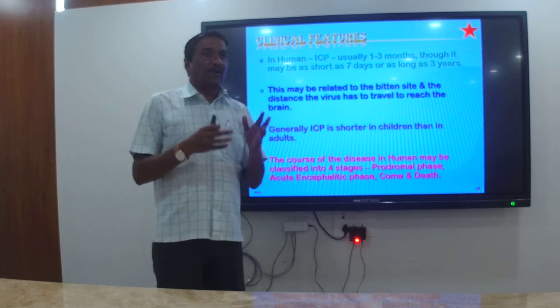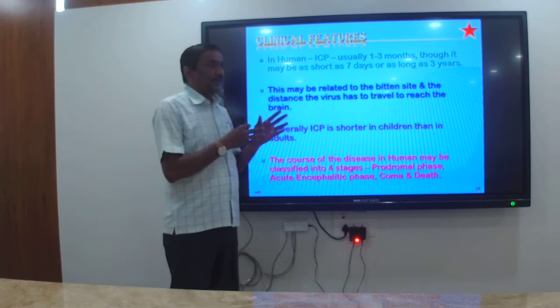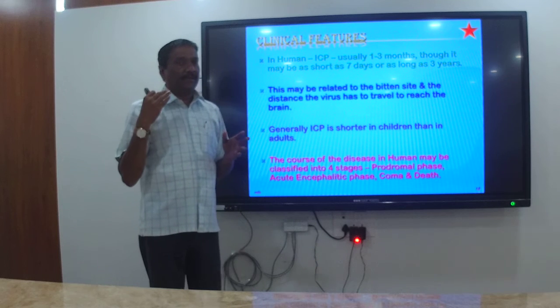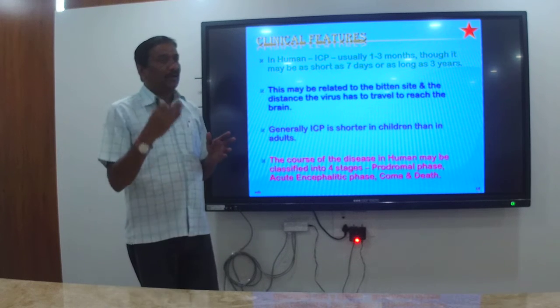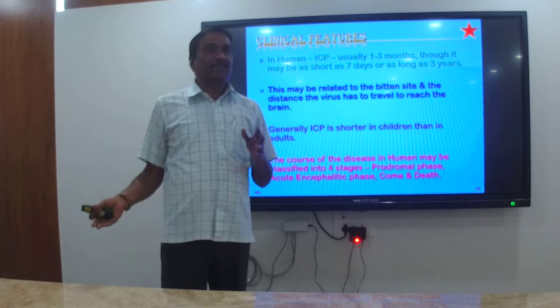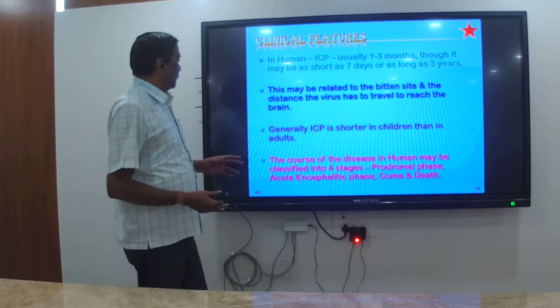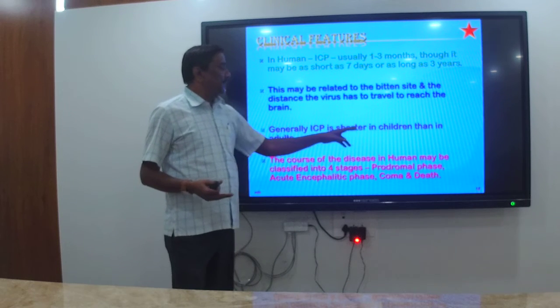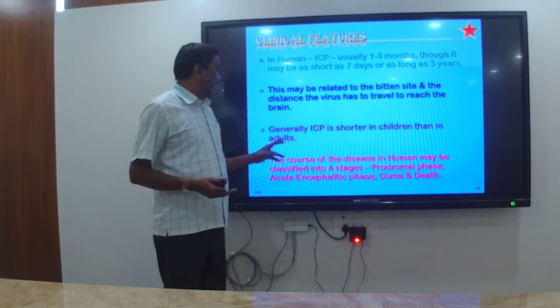So it may be shorter when the patient is bitten near the face, and it may be longer if it is on the distal parts of the body. Generally, the incubation period is shorter in children than in adults.